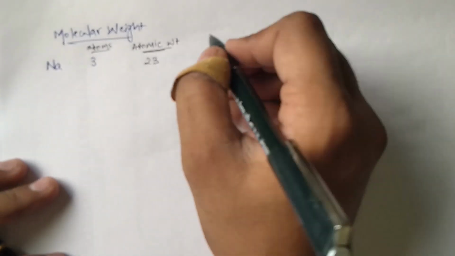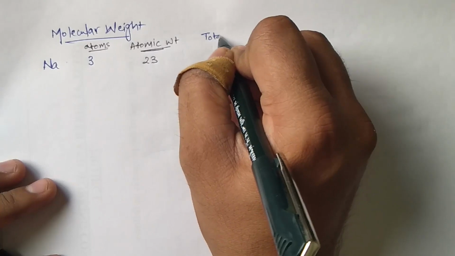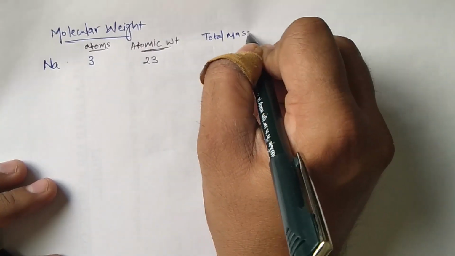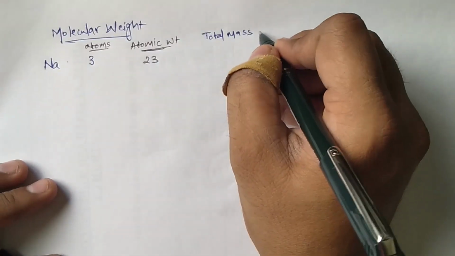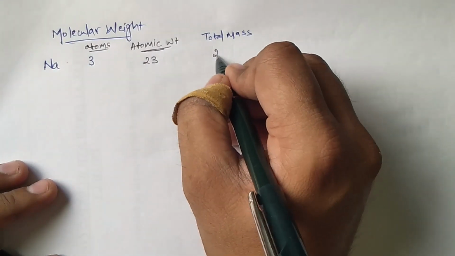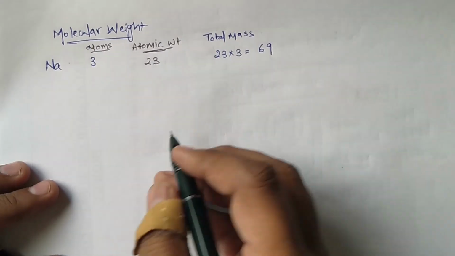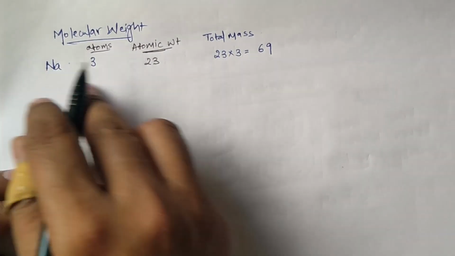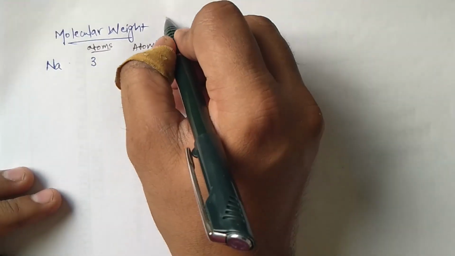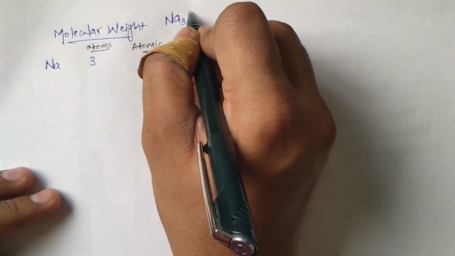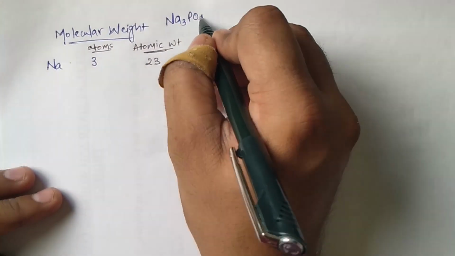So total mass here will be 23 into 3, which comes out to be 69. This is the contribution of sodium in Na3PO3.